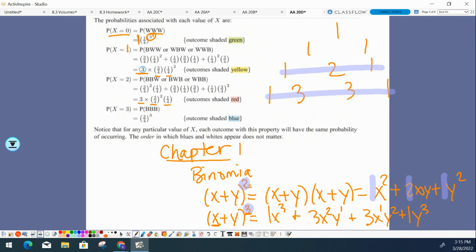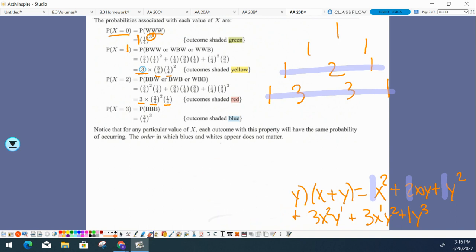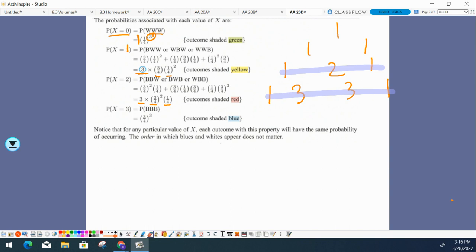All right? So think about this. I'm going to get rid of this part down here. And let me try and connect these dots a little better.